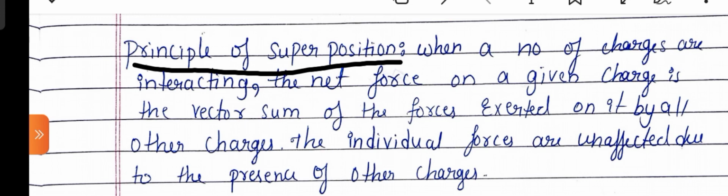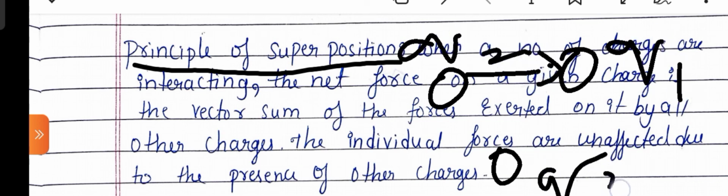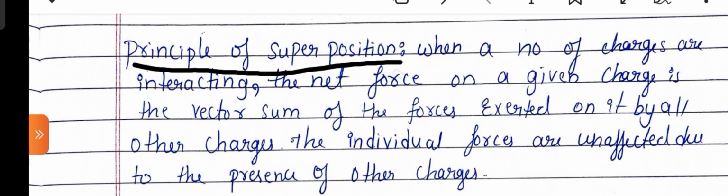Okay, it just says that if we have some charges like Q1, Q2 and Q3, this Q2 exerts some force on Q1, and this Q3 also exerts some force on Q1, right? So therefore the force on Q1 is actually equal to the force exerted by 2 on 1 plus the force exerted by 3 on 1. Okay, so let's see now.